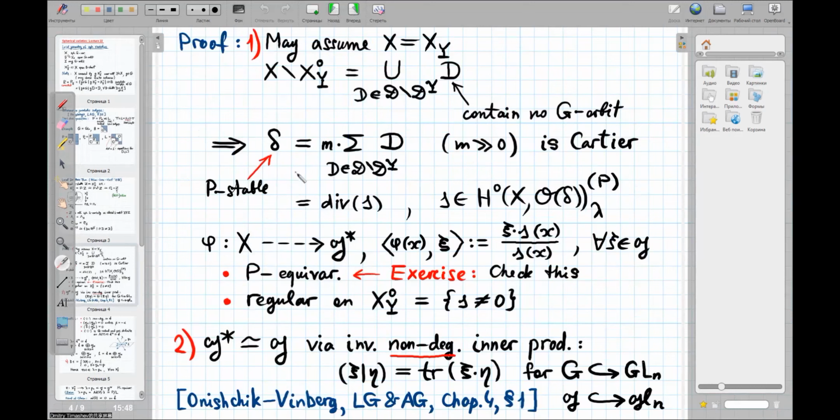Therefore, the precise stabilizer of this divisor is bigger than or equal to B. It is a parabolic subgroup, some parabolic subgroup. And any parabolic subgroup is connected. So if a parabolic subgroup stabilizes something finite, it cannot permute the elements of this finite set.